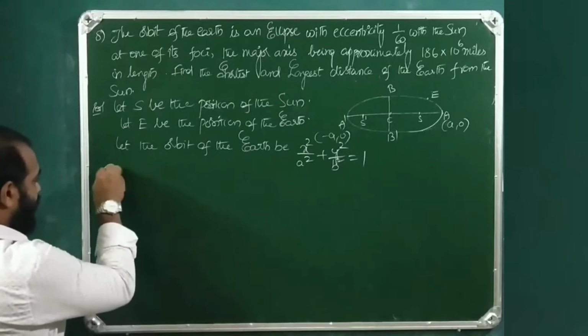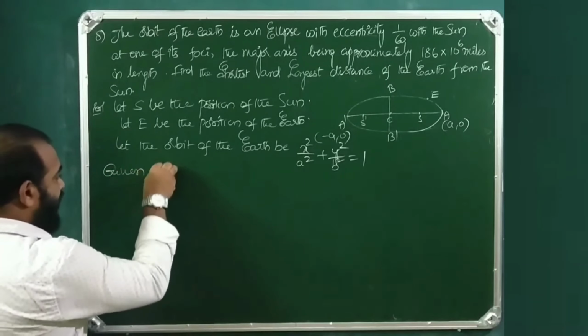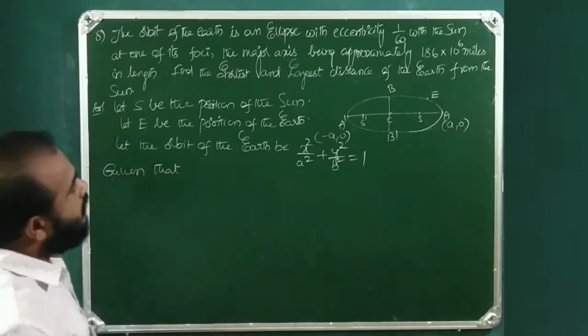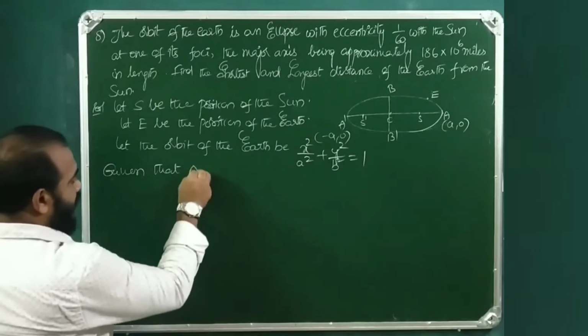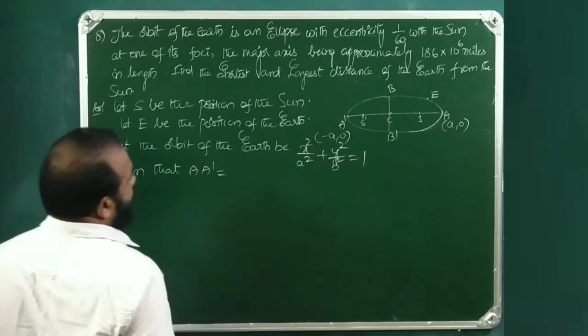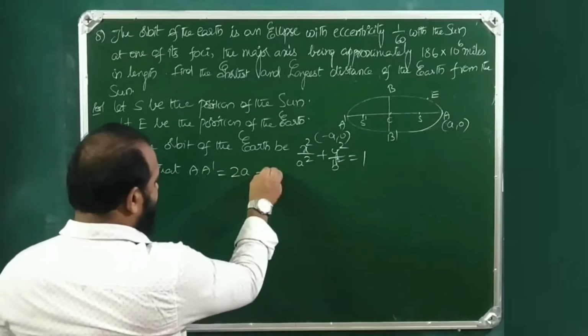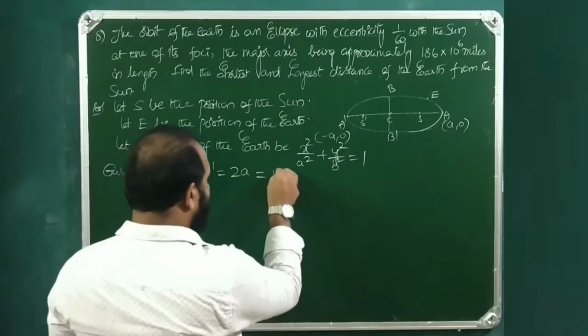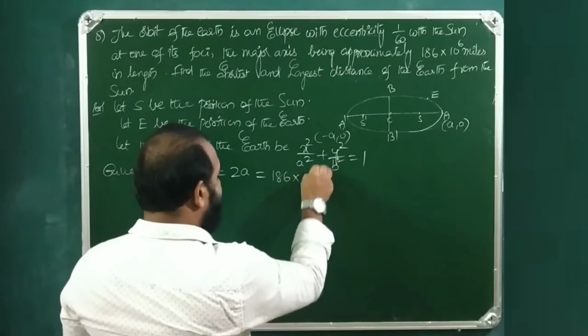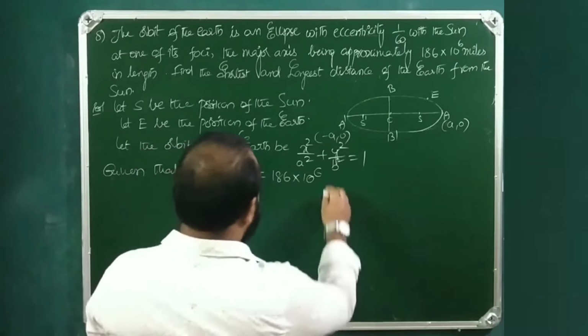Given that the length of the major axis A dash is equal to 2A, that is given as 186 into 10 power 6 miles.